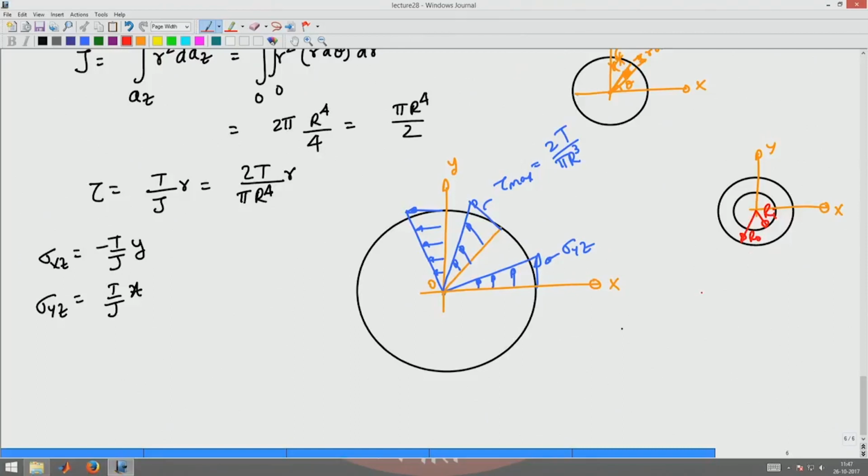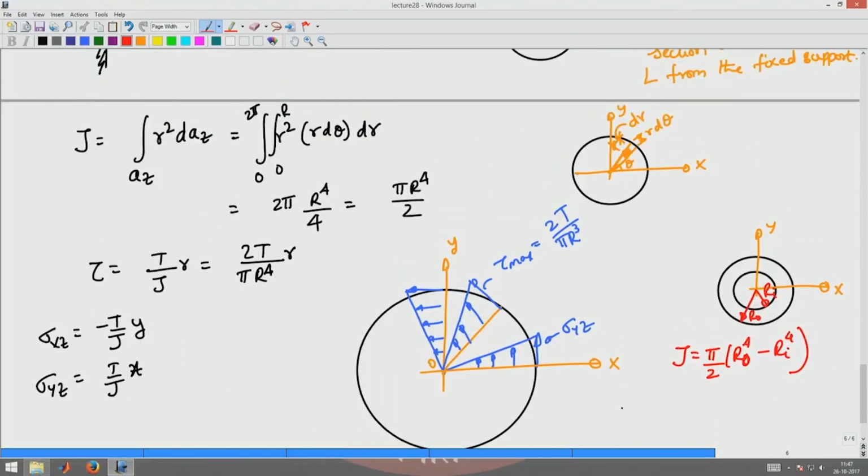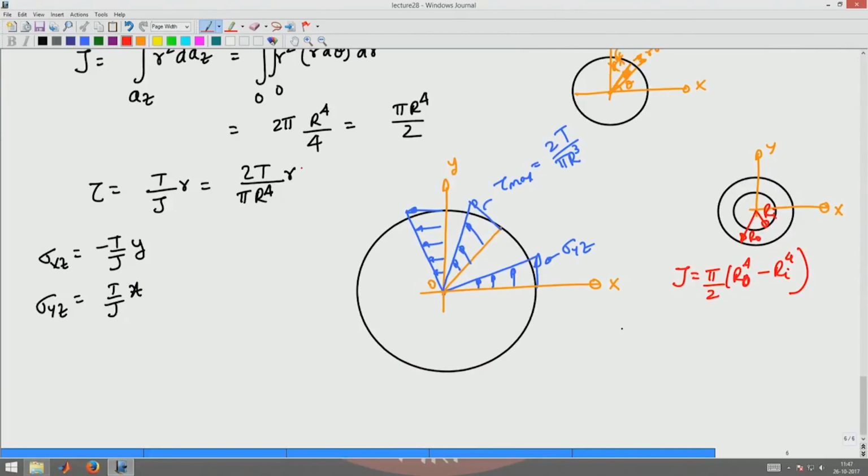Now all the things remain the same, except that J becomes pi by 2 into R0 power 4 minus Ri power 4. The integration is the same, except that the limits for r become Ri to R0 instead of 0 to R. And hence you get J to be different, all the other arguments remain the same.